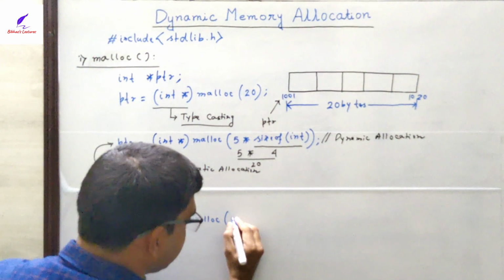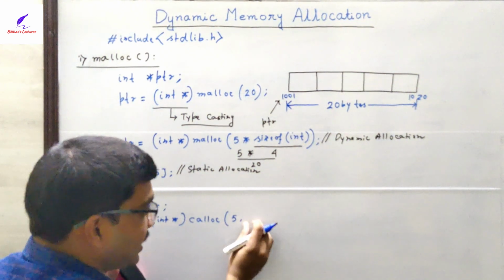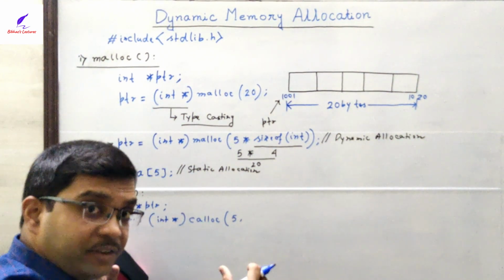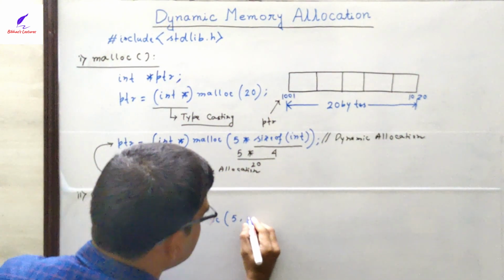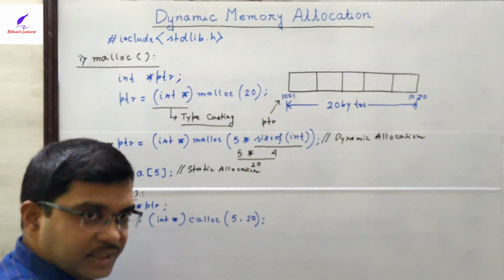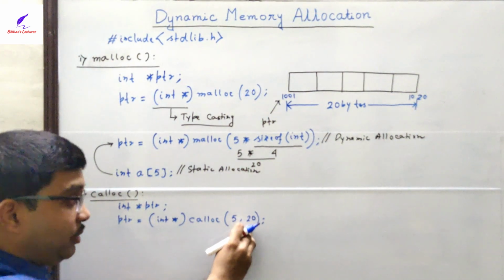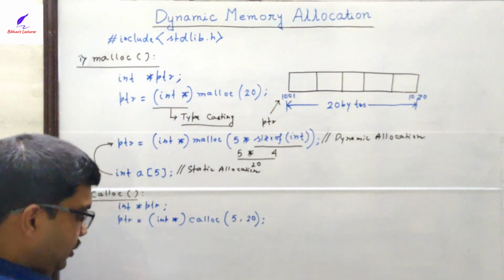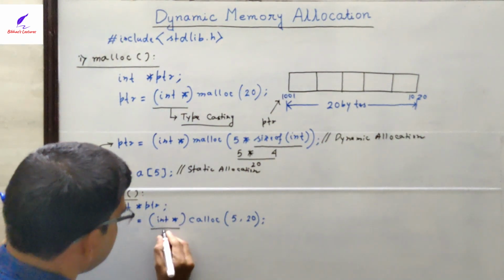First, how many blocks you require, so the first argument is the number of blocks you want to allocate, and the next one is the number of bytes you want to allocate in each block. What do we want? We want to allocate 20 bytes to store 5 integers. So here 5 is the number of blocks and 20 is the number of bytes allocated in each block. We have already discussed this, so this is called typecasting.